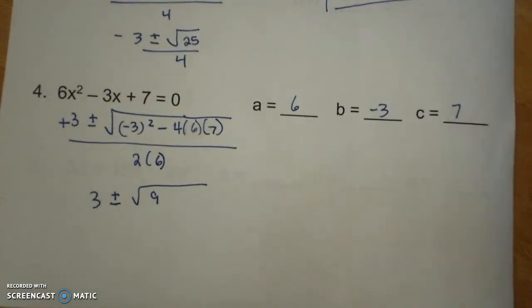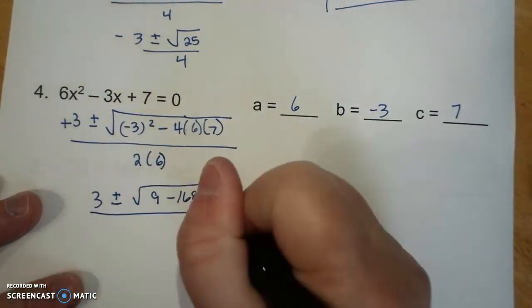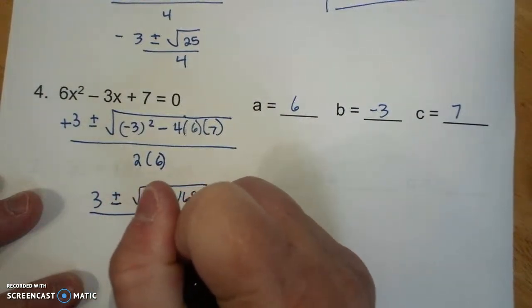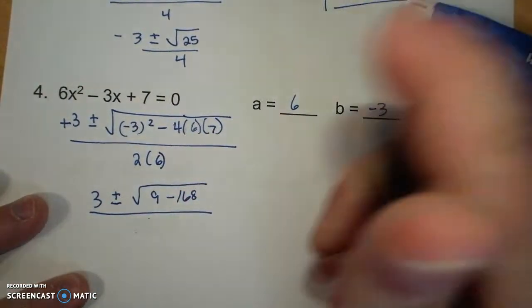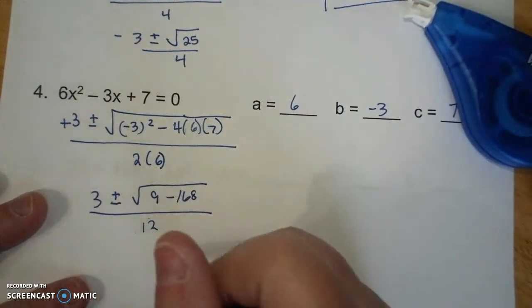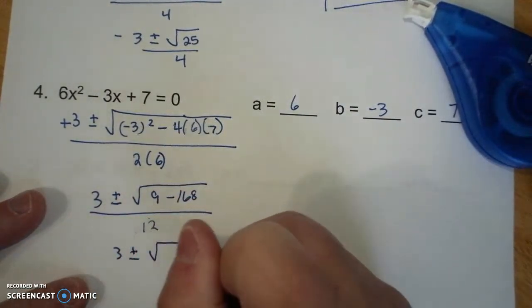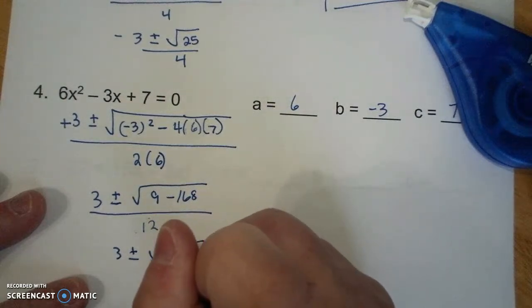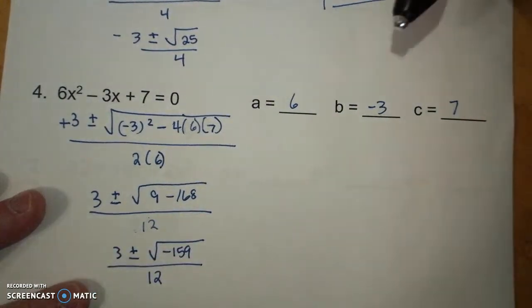I'm doing 24 times 7. That's 168. 168 all over 2 times 6, I can do the 12. And 3 plus or minus the square root of -159 over 12.